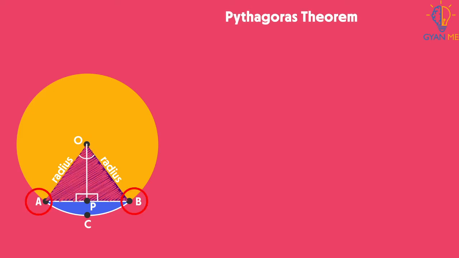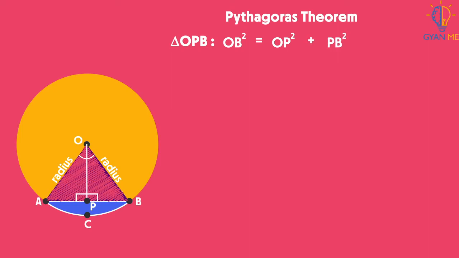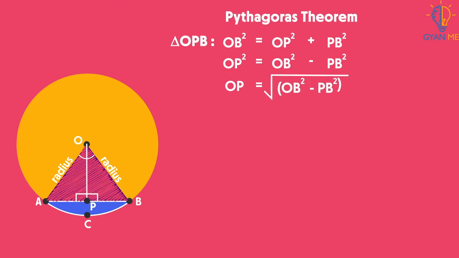If the length of AB is given, then for right triangle OPB, OB square is equal to OP square plus PB square. Therefore, OP square is equal to OB square minus PB square. Therefore, OP is equal to under root OB square minus PB square.